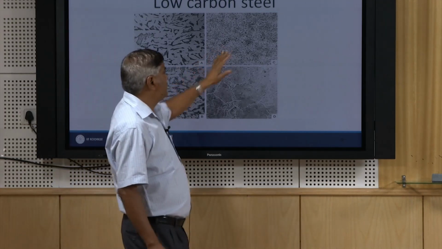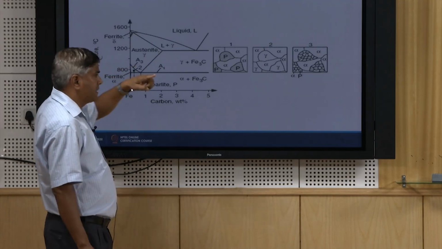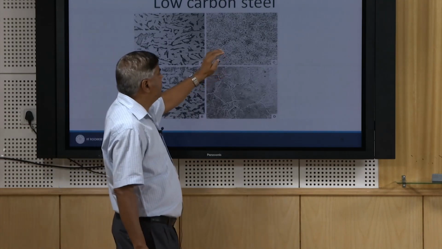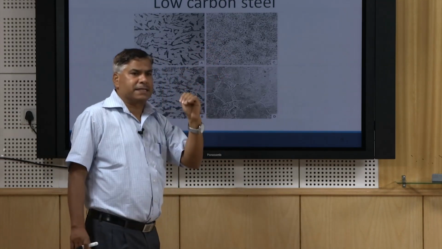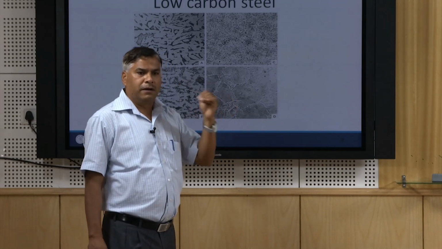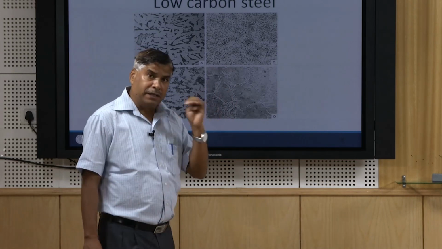Point 3, like say heating up to this location, as I have explained earlier, is zone C, just above the upper critical temperature. So all the ferrite and pearlite will be transforming into austenite, and that too very fine.